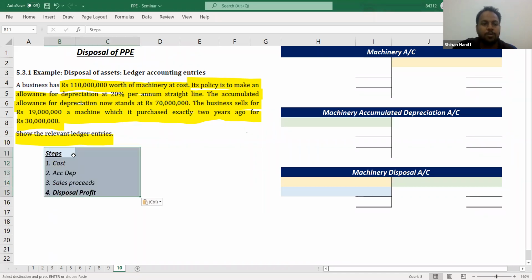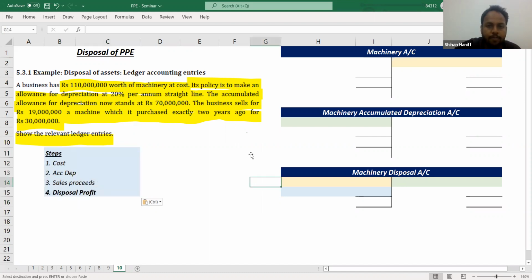And can you all do the 4 steps and find out the disposal profit?